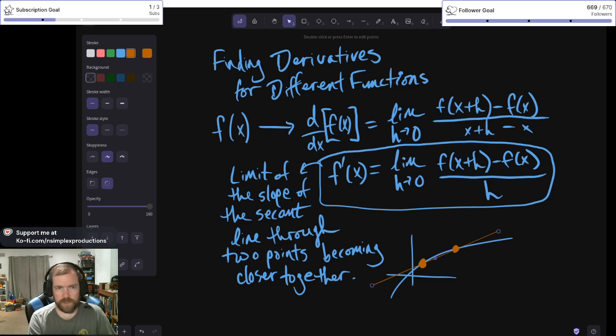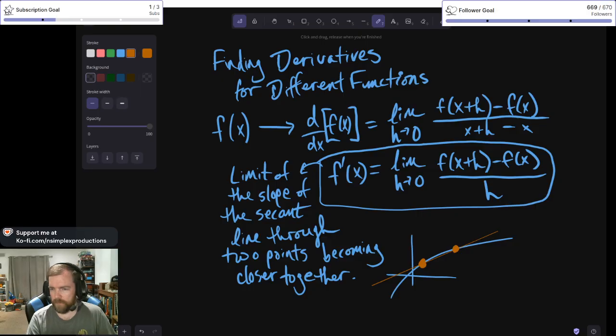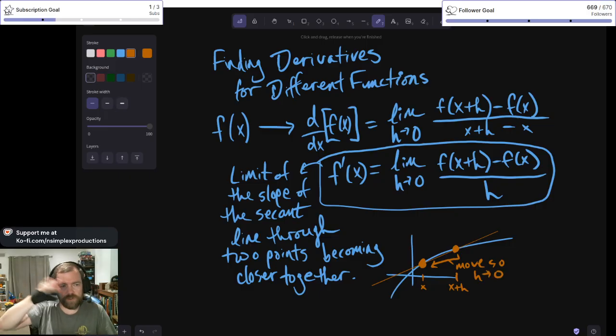And then as we're moving, if we have this distance h between our 2 points, then we're closing that gap between them so that h is going to start approaching 0.